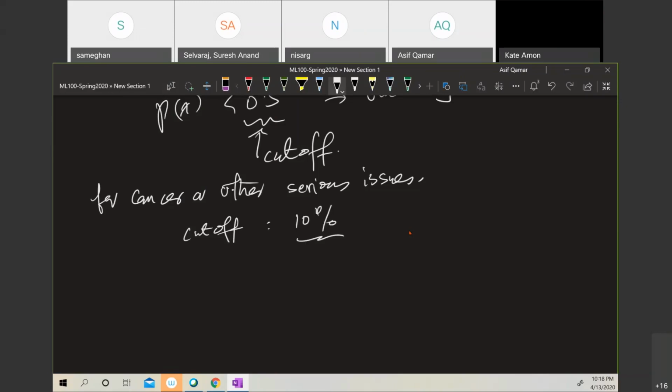Even if there's a 10% or even a 1% probability, you want to say that it's a positive case. It needs further study. And that is what happens in medical practices. Any one test, if it comes out even a little bit positive, you indicate it as positive. There are certain cutoffs, and then you send the patients for further testing. Right? In security modeling, again, the thresholds are very low. So where you put the threshold completely depends on you.